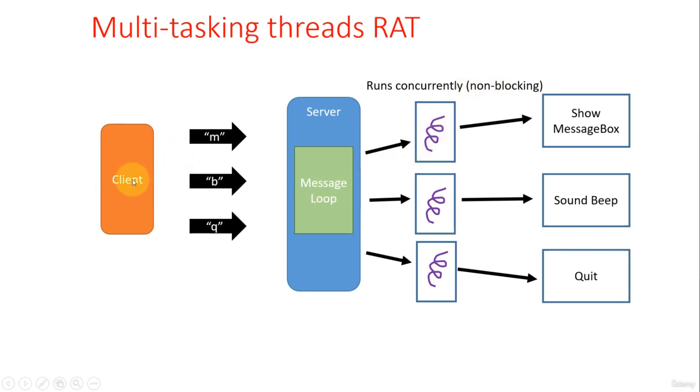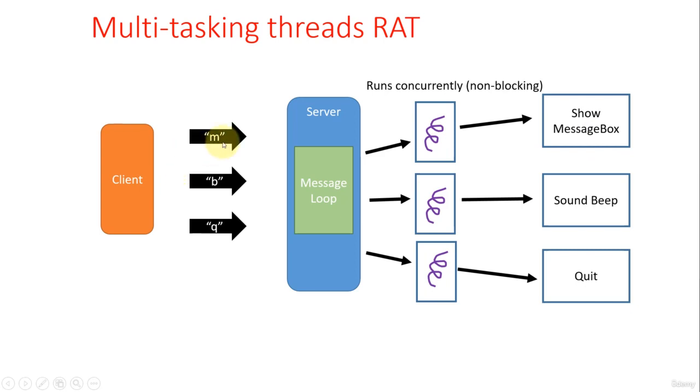So if the telnet client were to send the message M, the server can spawn a new thread to handle the message M, to show the message box. And whilst the message box is still being shown and has not yet been closed, and if the client were to send a second message M, the server can spawn a new thread to show a second message box even though the first message box is still on screen.